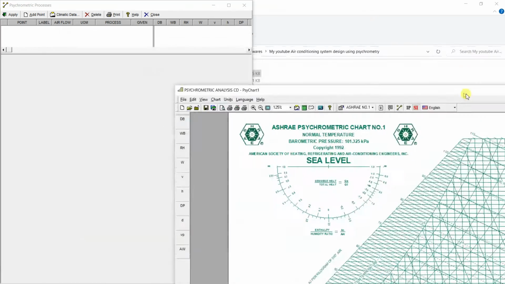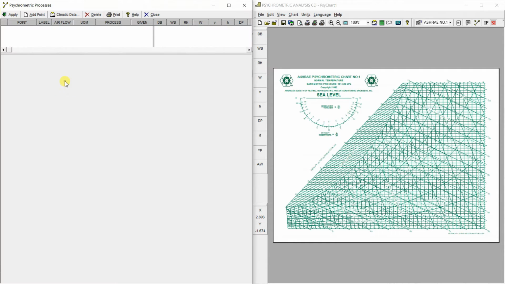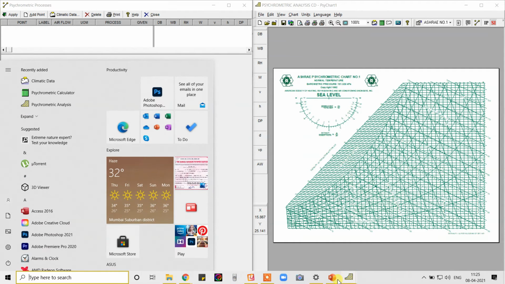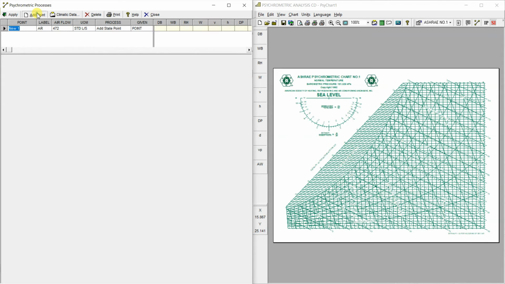Okay, now we'll see this side by side. Okay, so whatever point I am writing here, it will be plotted on the chart. Okay, so first point data: 40 degree Celsius dry bulb temperature and wet bulb temperature 30 degree Celsius. Okay, so here you can click add point.